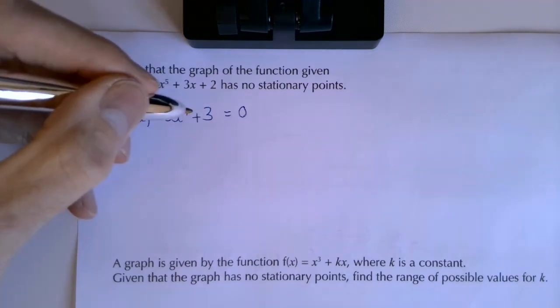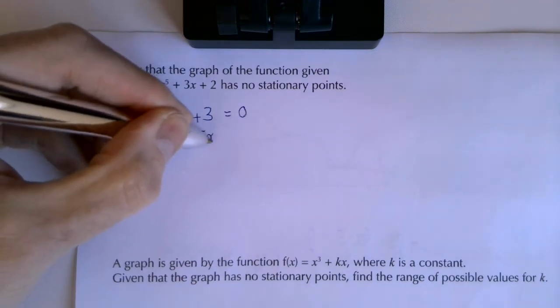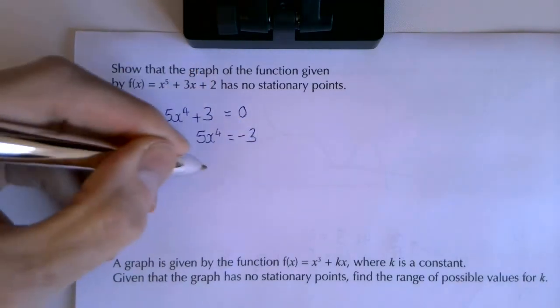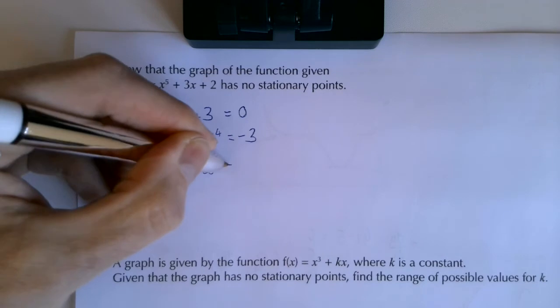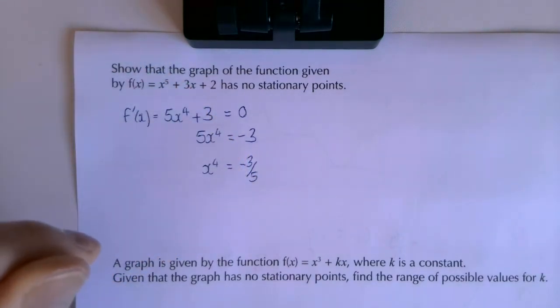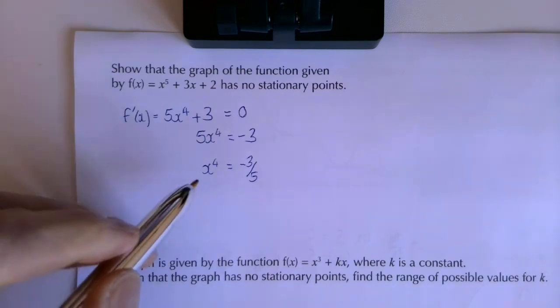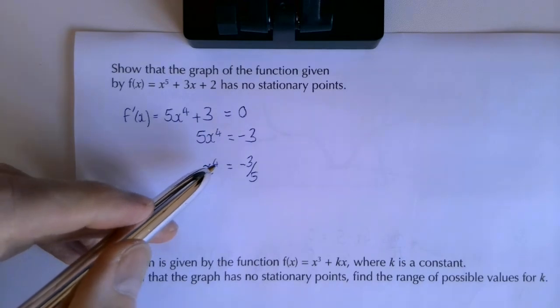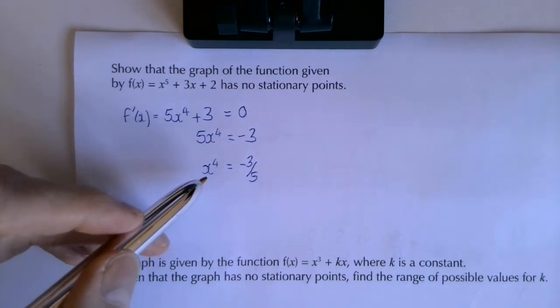I've got to show there's nowhere where that equals 0. Okay, let's take away 3 from both sides, divide both sides by 5. Why is that not possible? Well, x to the power of 4 is like x squared, isn't it? When you do a number to the power of 4, it's always positive.